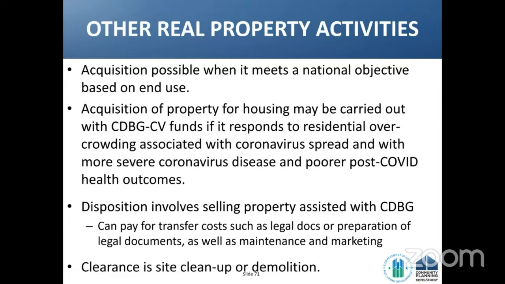There have been more than enough questions on what is considered temporarily maintaining real property until it's disposed of. The regulations don't give a specific time period for that. However, we go back to the reasonable standard in 2 CFR Part 200. It has to be reasonable.